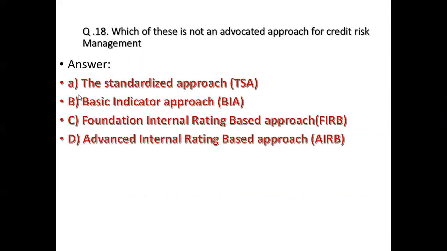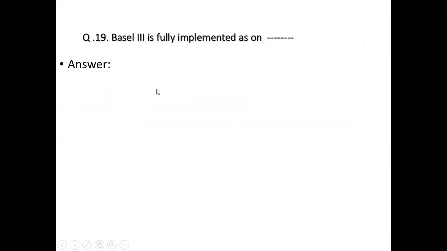For credit risk management there are three approaches: first, the standardized approach; second, the FIRB approach; third, the AIRB approach. Most of the banks are still in the standardized approach. The basic indicator approach is applicable for operational risk, so they will try to confuse you.